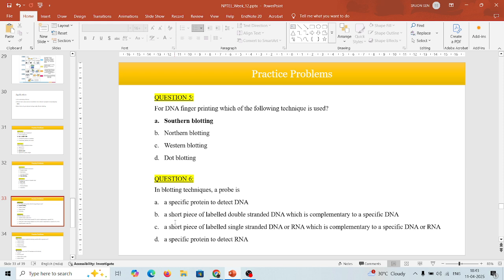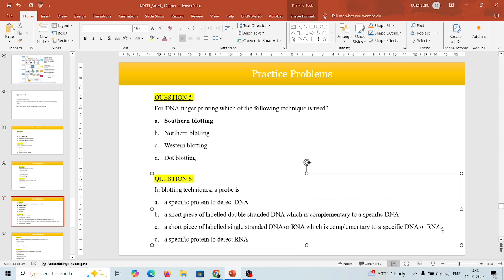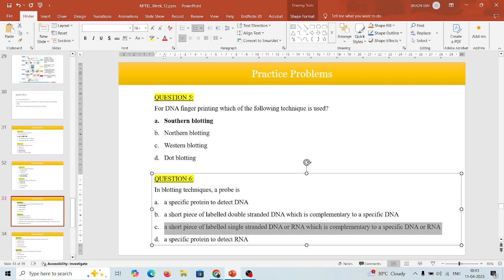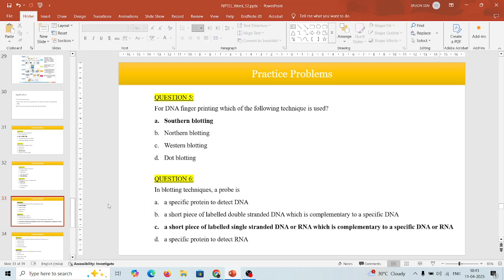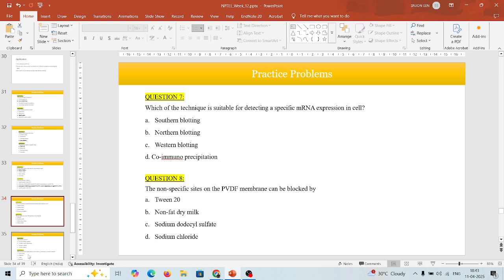A short piece of labeled double-stranded DNA which is complementary to the specific DNA, that is also not right. Rather, a short piece of labeled single-stranded DNA or RNA which is complementary to the specific DNA or RNA, because it has to bind to the target such that at the end of the day we can do the detection and see it by autoradiography.